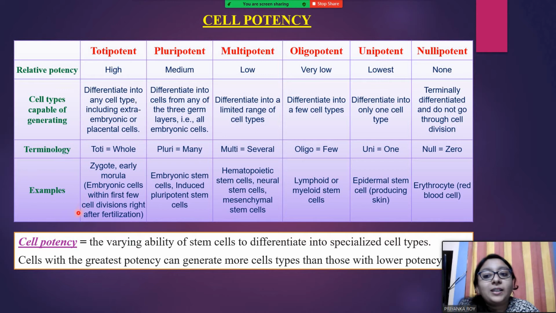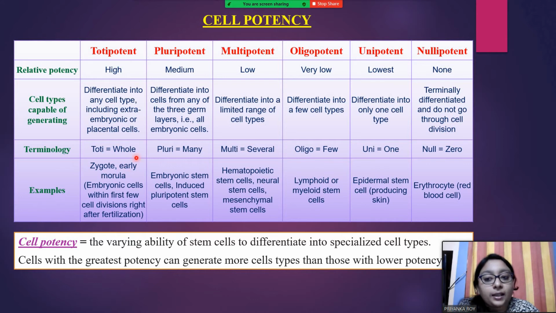So for example, the zygote, like I told you, that zygote is the first formed cell of the living organism. So not any living organism, but a multicellular organism. So from zygote, obviously the entire body can be developed. Like it has the ability to give rise to all the cell types that an embryo needs, as well as the extra embryonic cells.